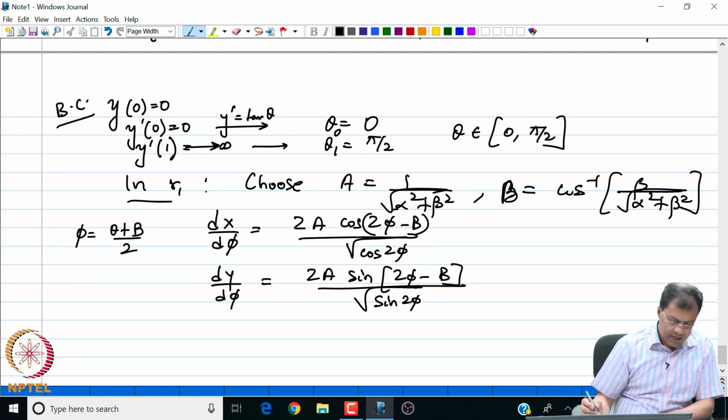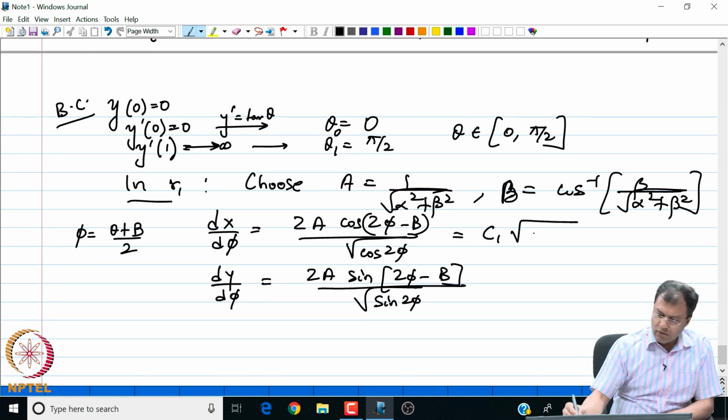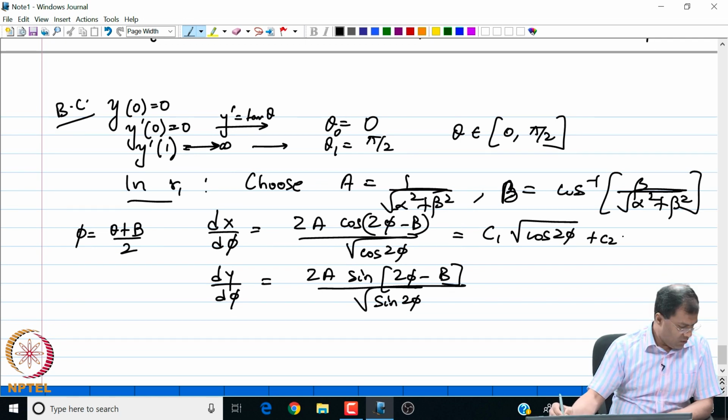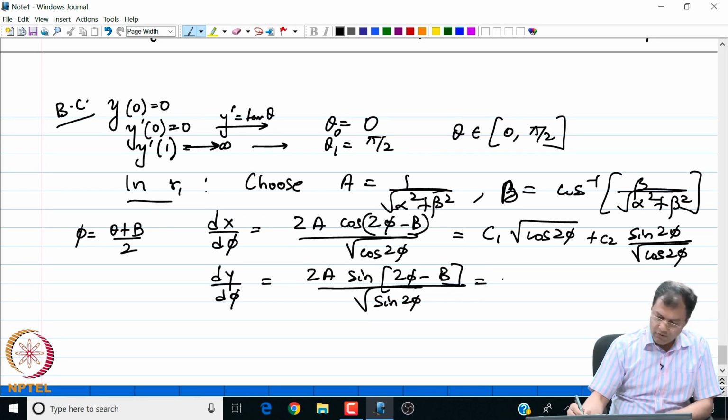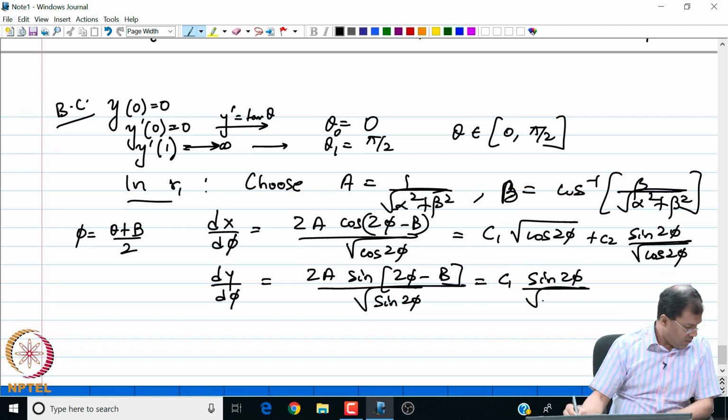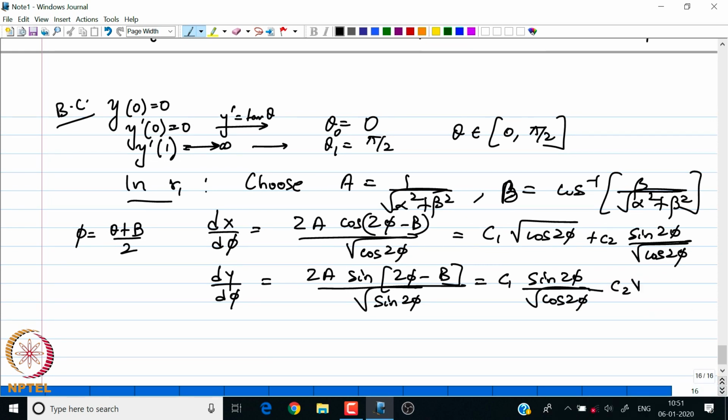And we can see that this equation reduces to some constant C1 times square root of cos 2 phi plus another constant C2 times sin 2 phi divided by square root of cos 2 phi, right. And then the second differential equation reduces to the following form: sin 2 phi divided by square root of cos 2 phi minus another constant times square root of cos 2 phi, right.